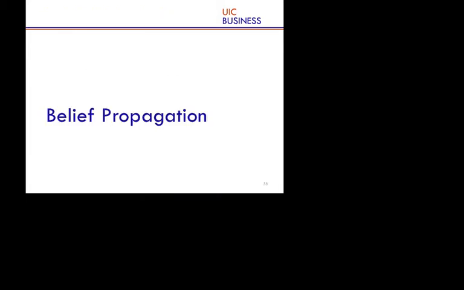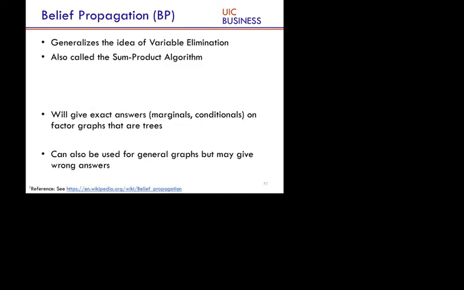So let's go to belief propagation, which is a more interesting algorithm. What is belief propagation? It generalizes the idea that we've seen in variable elimination, and it's also called the sum product algorithm. It will give exact answers on graphs which are just trees.